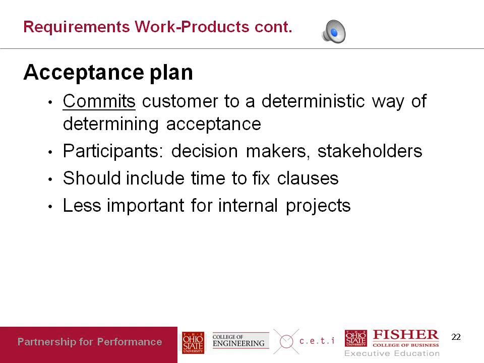Or it could be a test that you genuinely missed because you missed some situation where your software would fail. So typically an acceptance plan includes time to fix clauses. We will fix any bugs reported within 30 days, things like that. And also an acceptance plan is less important for internal projects because it's after all the people from the same company doing this project. If something fails, somebody will fix it, et cetera, et cetera.